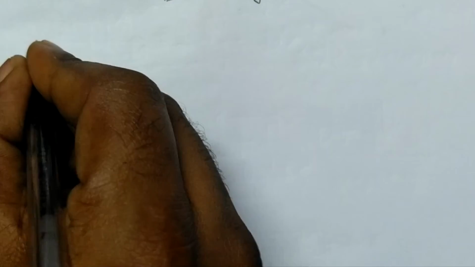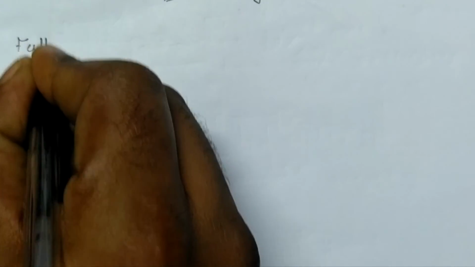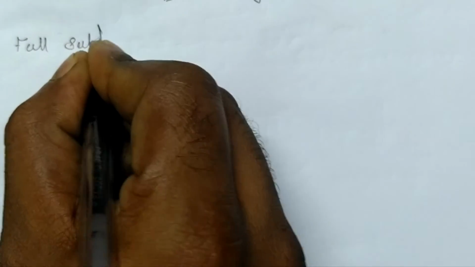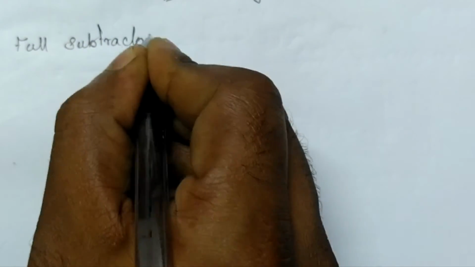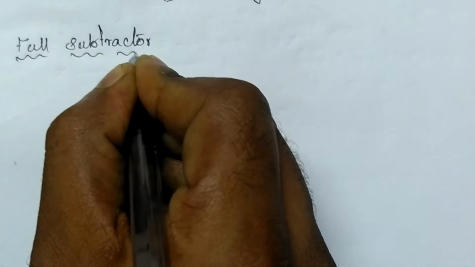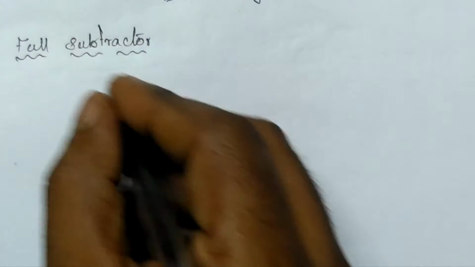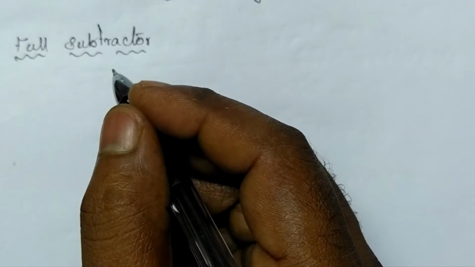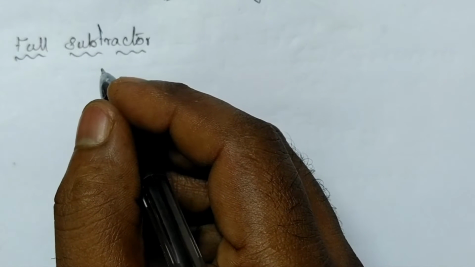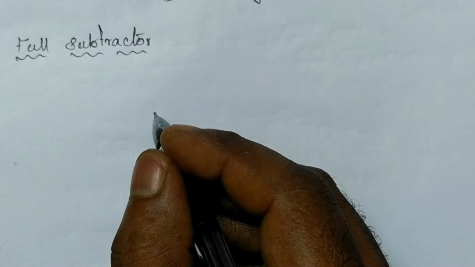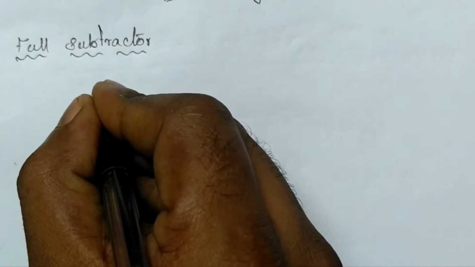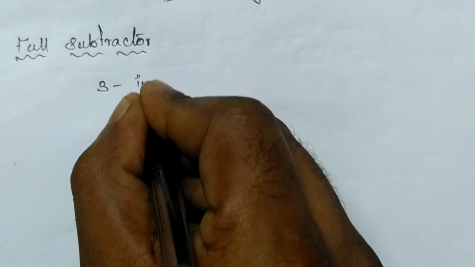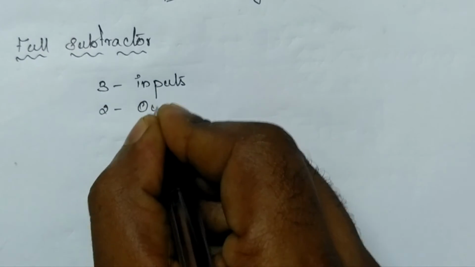Next, full subtractor. Full subtractor is nothing but a circuit which receives three binary inputs and produces two outputs, borrow and difference. So three inputs and two outputs.